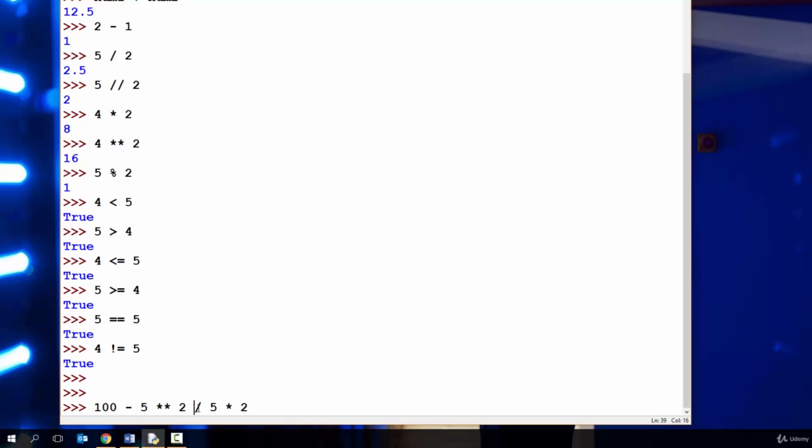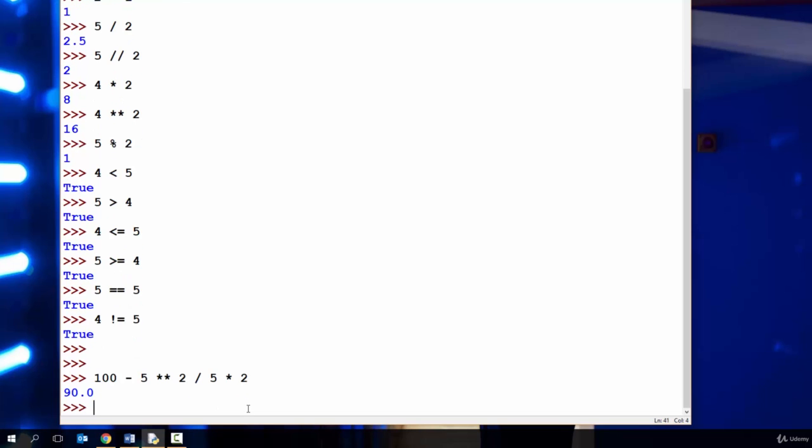So, 25 divided by 5 equals 5, then multiplied by 2 equals 10. And finally, subtraction, having the lowest priority in this expression, will return 100 minus 10. The final result should be 90, so let's check this, and indeed this is the correct result.